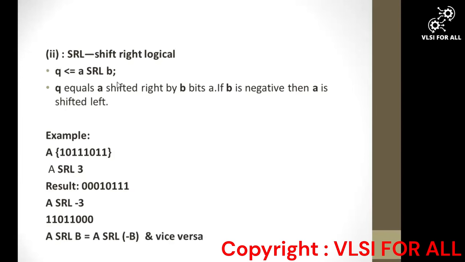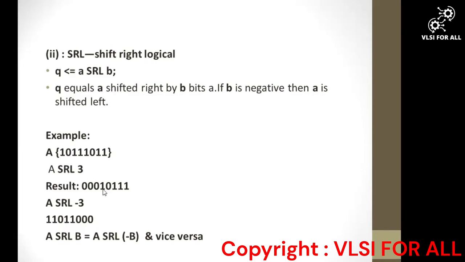Next is SRL, shift right logical. A SRL B is the same as the previous one, but opposite. A is shifted right by B bits. If B is negative, then A is shifted towards the left. We take the same sequence as in the previous example, A SRL 3.